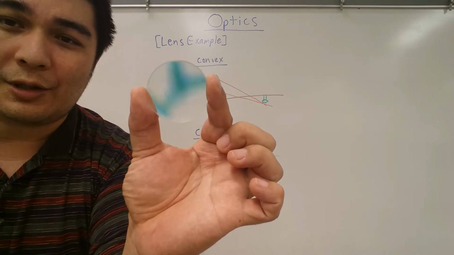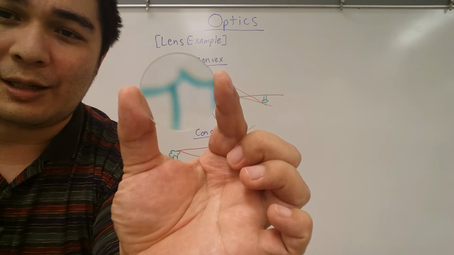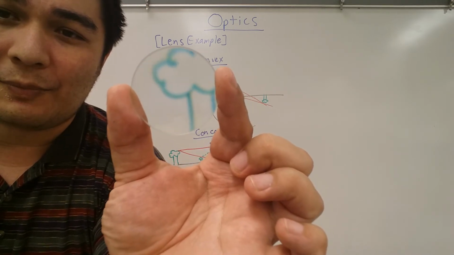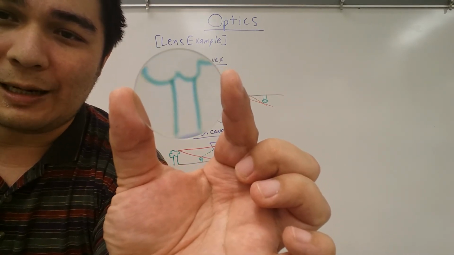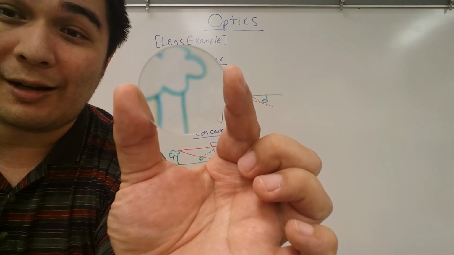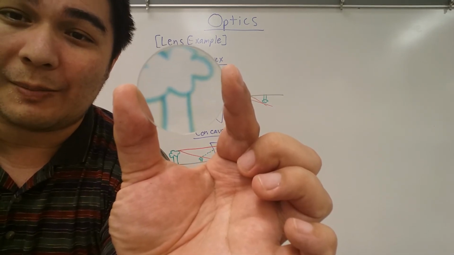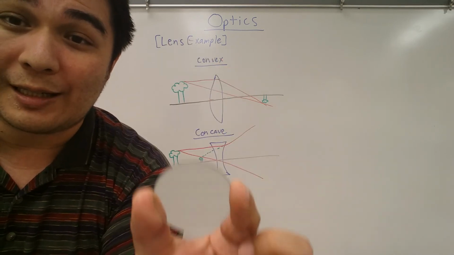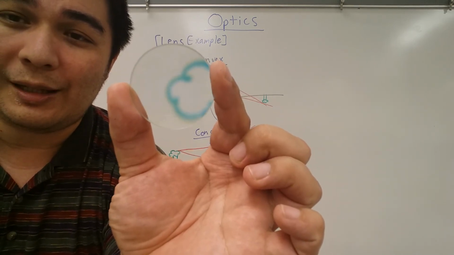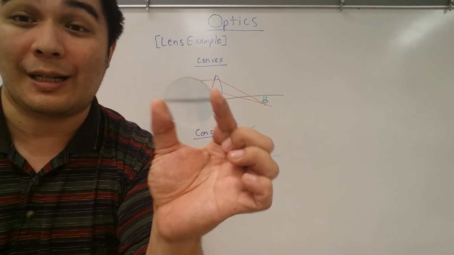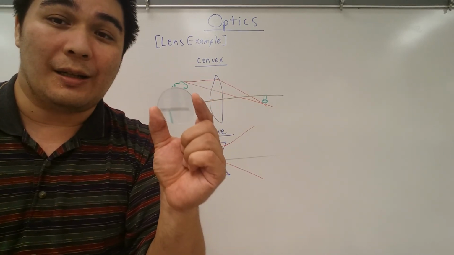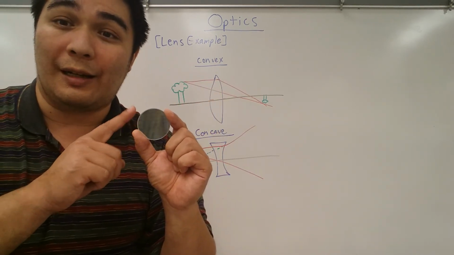And as I bring it closer, it starts to flip around, and all of a sudden, it's right side up again. What I wanted to point out in this case is that now what you're seeing is a virtual image because the image is right side up. So the reason, what you can actually tell from this, is the focal length of this lens.